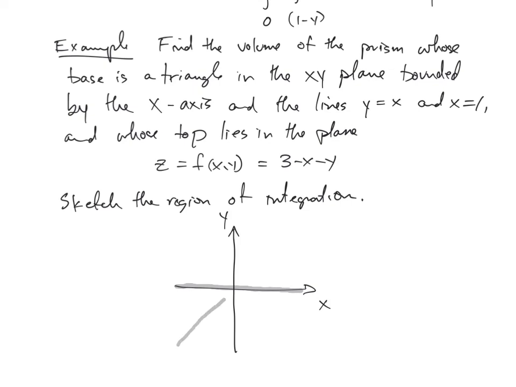That's just this. And x is equal to 1 would look something like this, where this is the value of 1, which means this also has to be 1, since that's a point on the line y is equal to x. So this is my line, x is equal to 1. This is my line, y is equal to x. And obviously the horizontal one is the x-axis. Okay, so my region of integration, R, is that triangle.